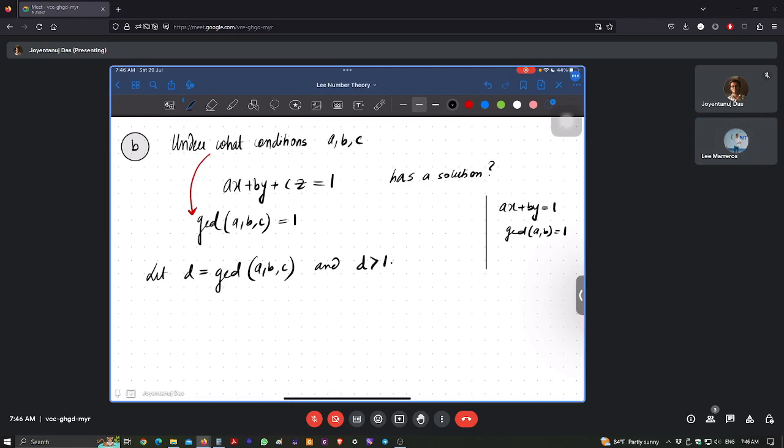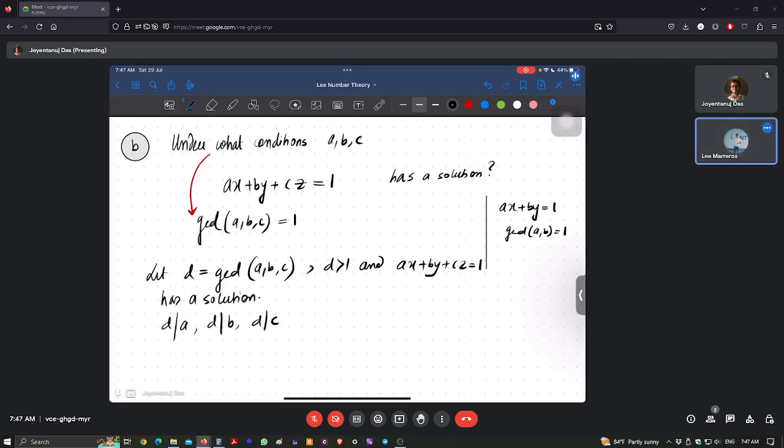So, D greater than 1, and ax plus by plus cz equals 1 has a solution. Now since D is the GCD, D divides a, D divides b, and D divides c. So from here, can we arrive at a contradiction?